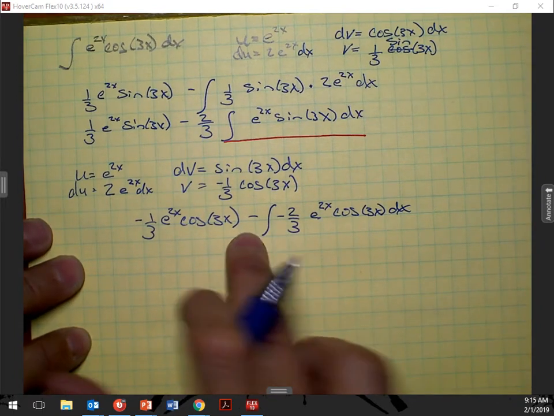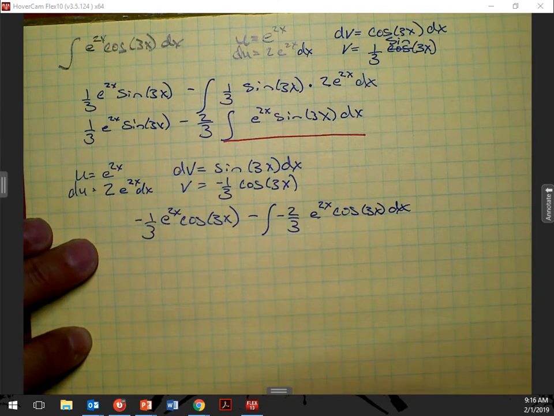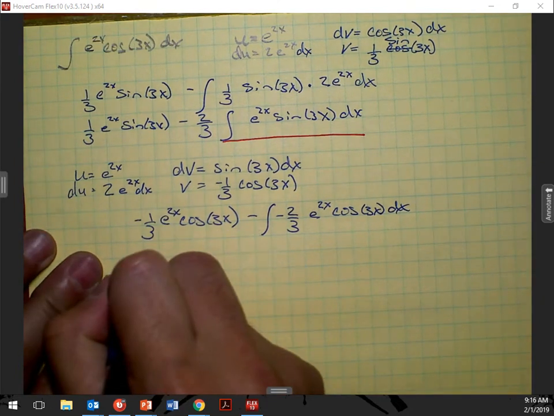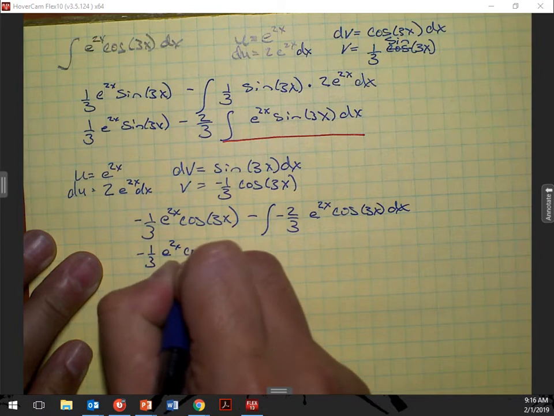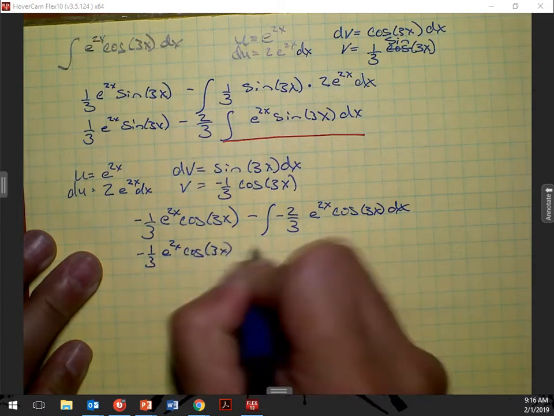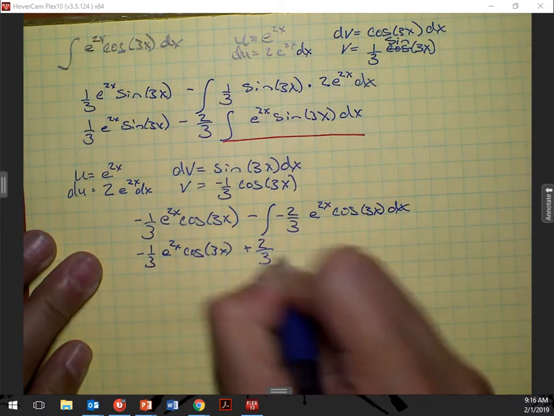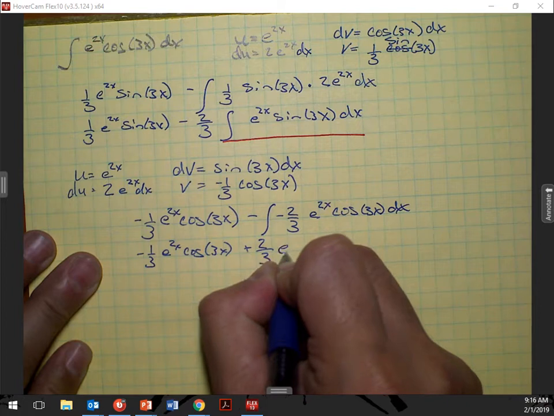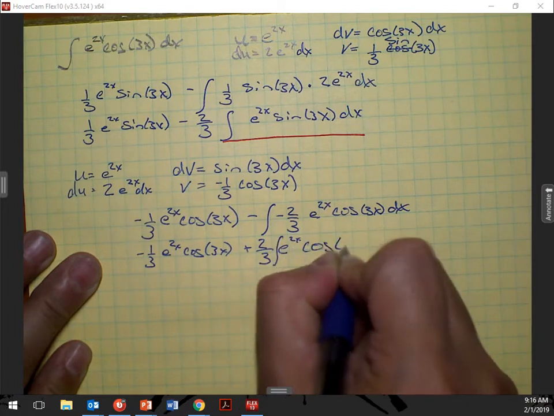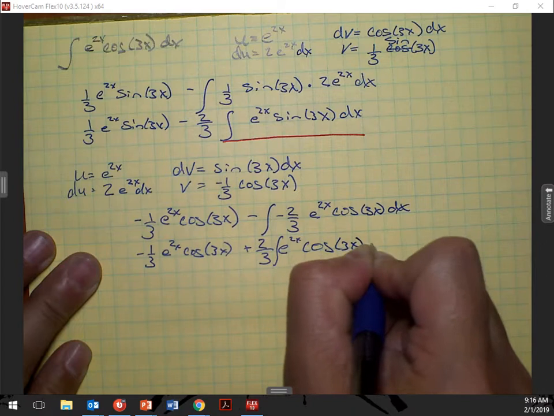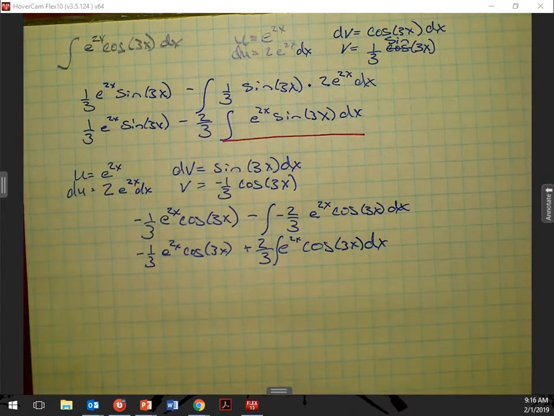Now I'm going to factor out this little nasty piece right here, so it's going to go in front of my integrand. So it's negative 1/3 e to the 2x cosine of 3x plus 2/3 of integration e to the 2x cosine of 3x dx.